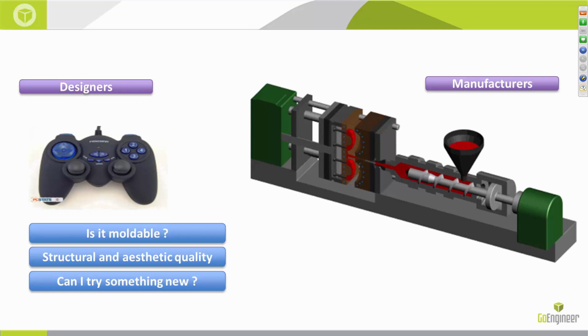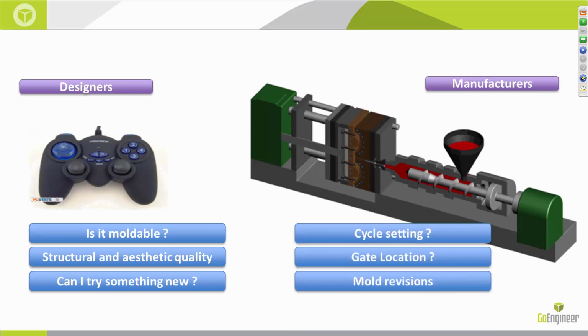And at the end of the manufacturing process, we need to make sure that the plastics maintain the structural and aesthetic quality they were designed for. And finally, if the designers would like to try something new, they'll need a tool by which they can simultaneously validate the manufacturability of the plastic product without compromising any of the structural or aesthetic aspects.